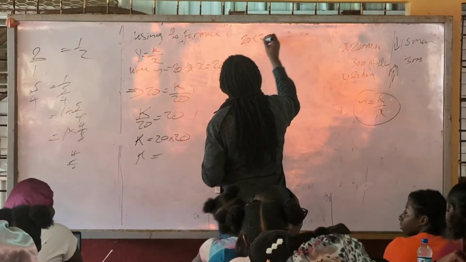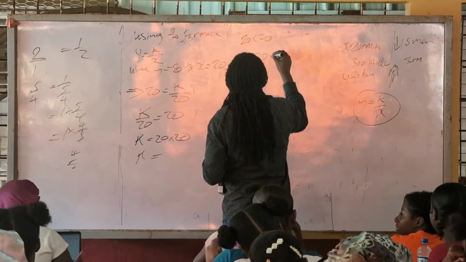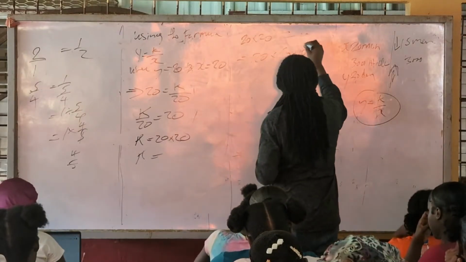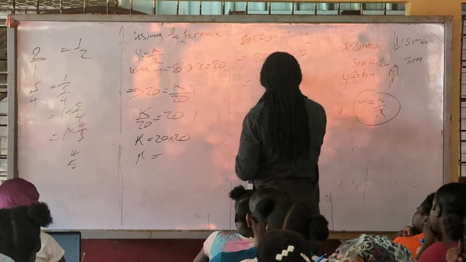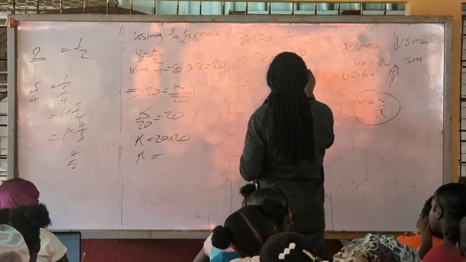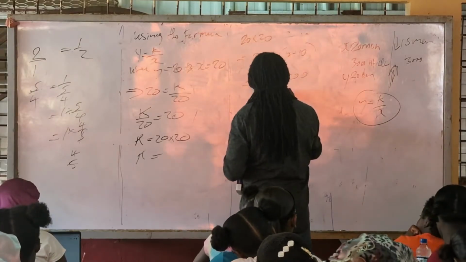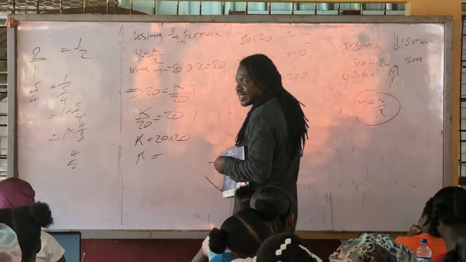20 times 20 is equal to 20 times 10 plus 10, which is equal to 200 plus 200, which is equal to 400. Everybody see that?